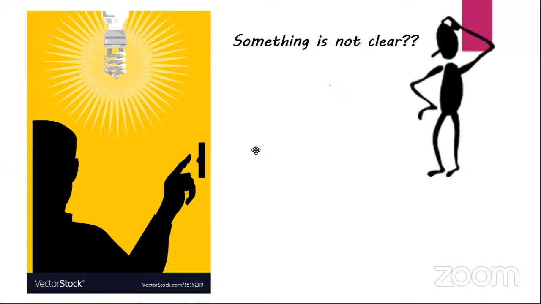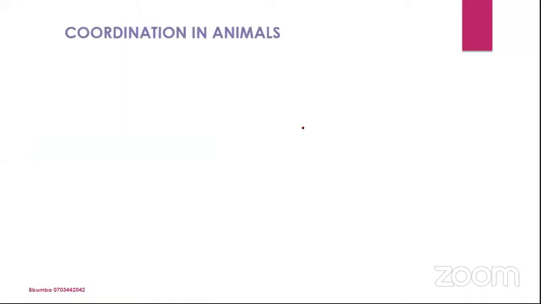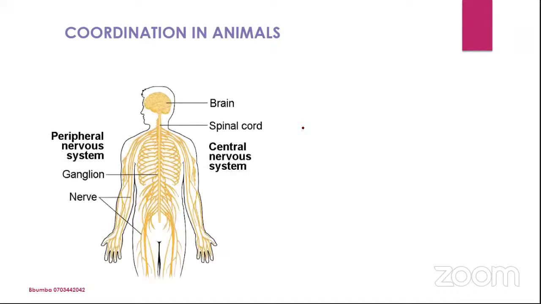And what are those wires in your body? This topic will make us aware of the kind of electricity that moves in our body, the kind of wires and all those things. It's called coordination. With coordination, there are systems that we are going to learn.